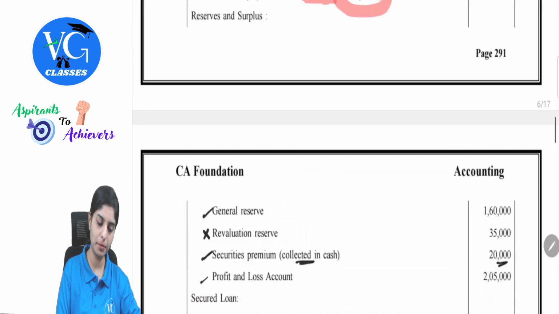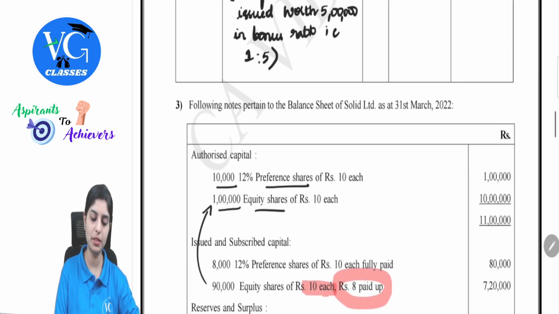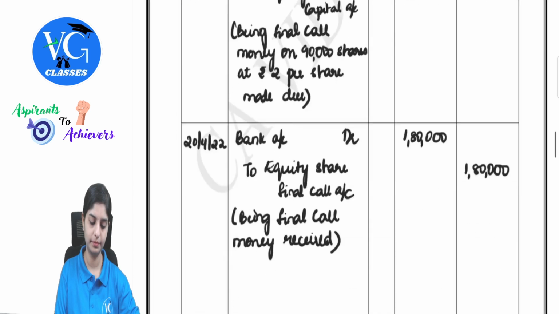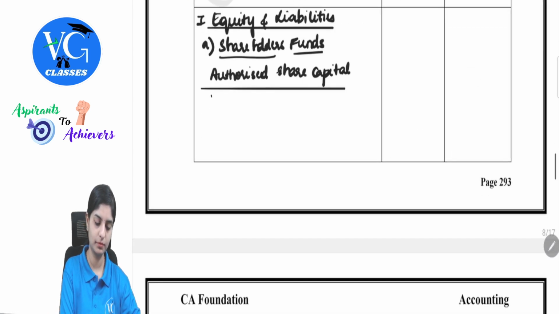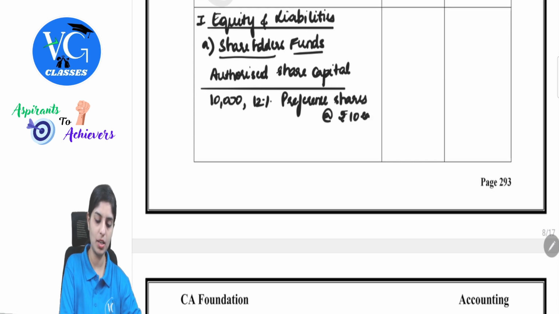There is some amount of preference shares, 10,000, 12% preference shares at rupees 10 each.